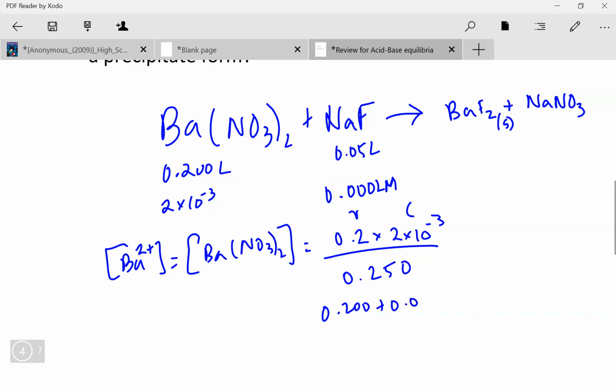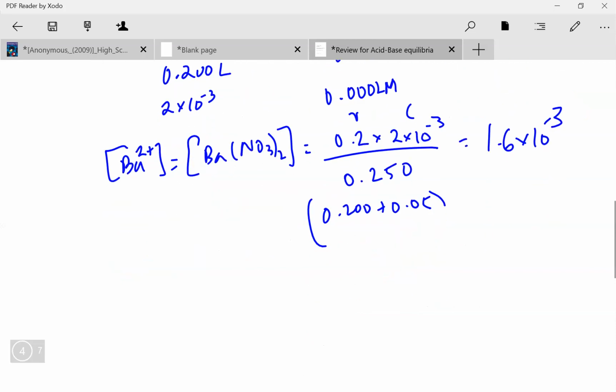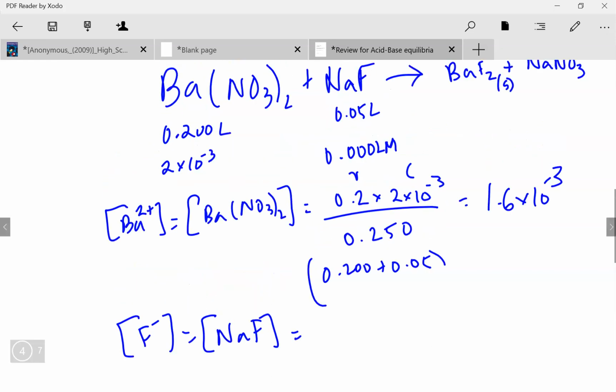0.200 plus 0.05, right? 0.25. I'm going to do that calculation. And it gives me a concentration of 1.6 times 10 to the negative 3. Excellent. Fluoride ions is equal to concentration of sodium fluoride, which is 0.05 times 0.0002 divided by the same total volume.